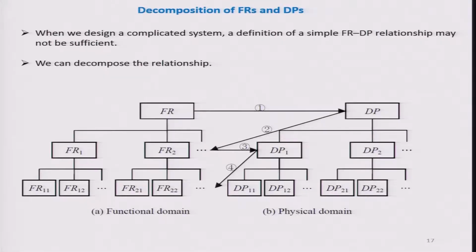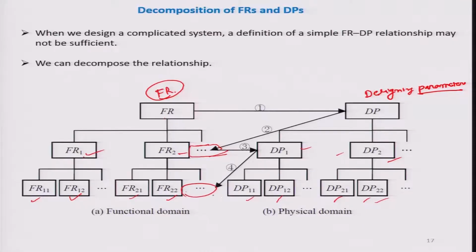Okay, now here you can see this is the decomposition of functional requirement and this is the designing parameter. Here you can see functional requirement is divided into various sub elements FR1, FR2, again FR1 is subdivided into FR11, FR12, similarly FR21, FR22, and correspondingly the designing parameters are also divided into various sub parameters, and each parameter is linked to sub elements.